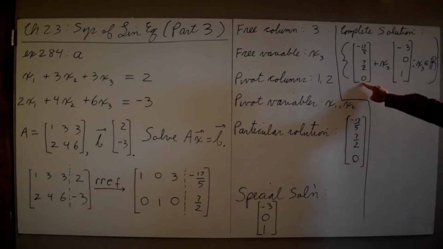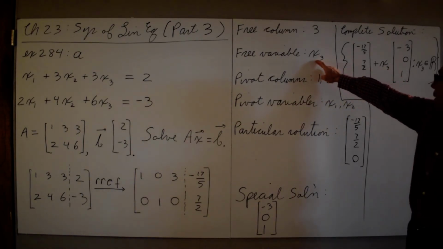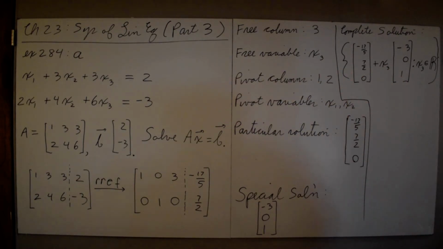And so we have our particular solution plus a special solution times any scalar. And we let that scalar range over R. I called this x sub 3 because x sub 3 is our free variable. We could just as easily call it x. We could call it r, s, t. A lot of textbooks will use an r, s, or a t here.